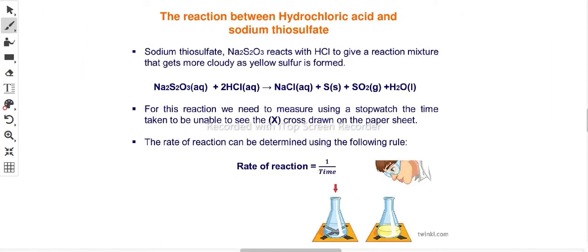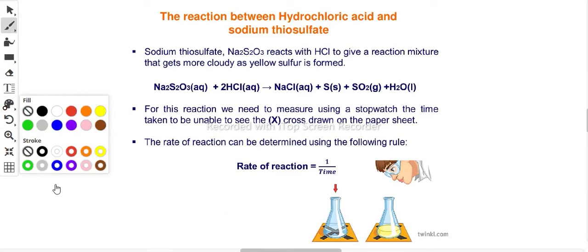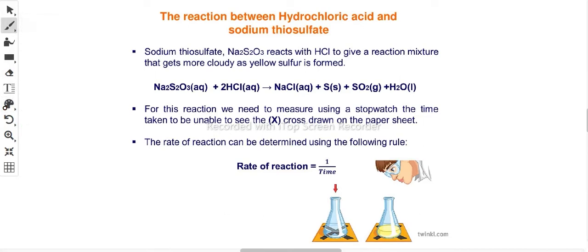I have now another important experiment, and this experiment is one of the questions that are usually presented in the past paper. You can find several questions related to this one, and we will apply this idea later after finishing Kinetics. The reaction between hydrochloric acid and sodium thiosulfate.